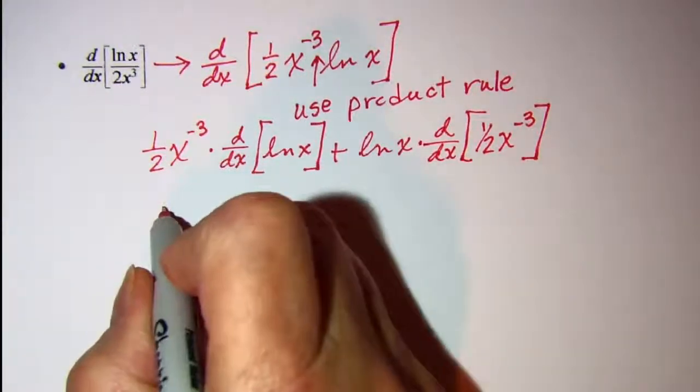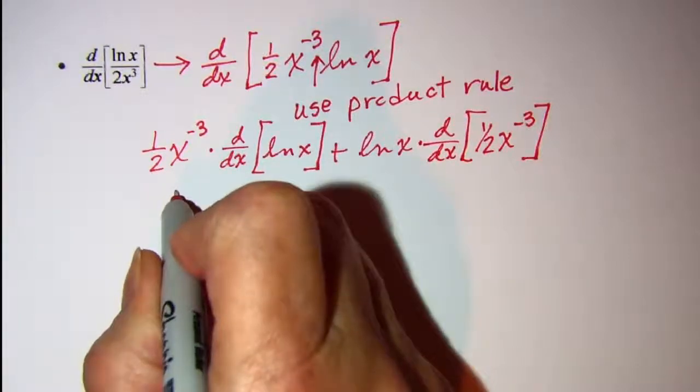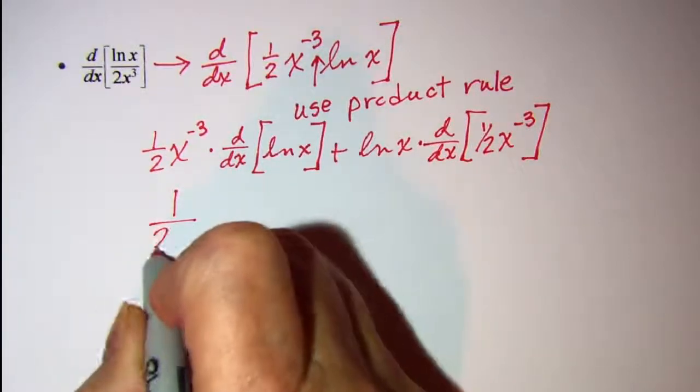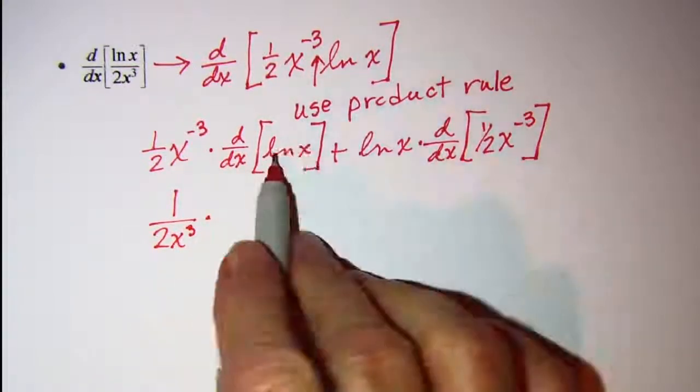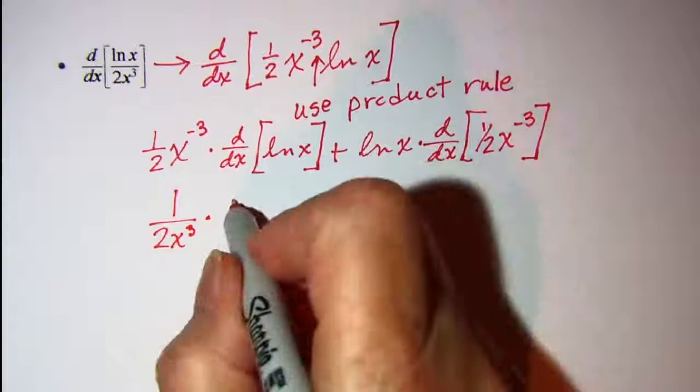This is 1 over 2x cubed, and the derivative of ln x is 1 over x.